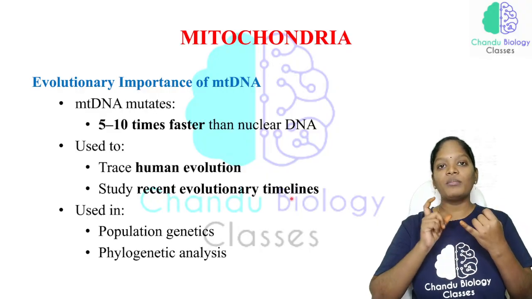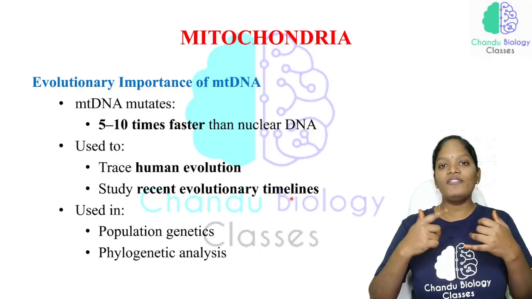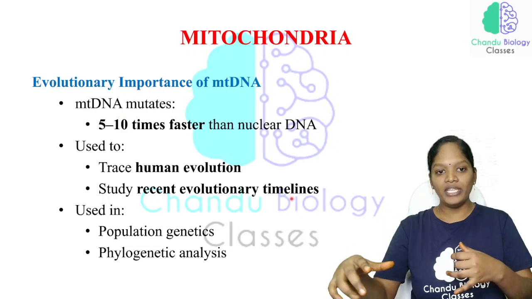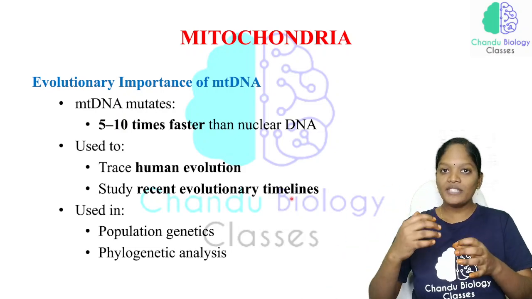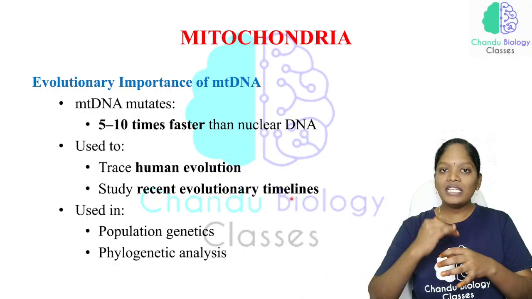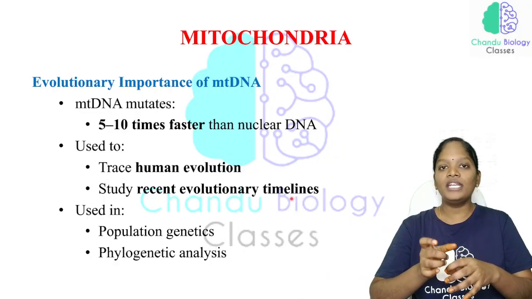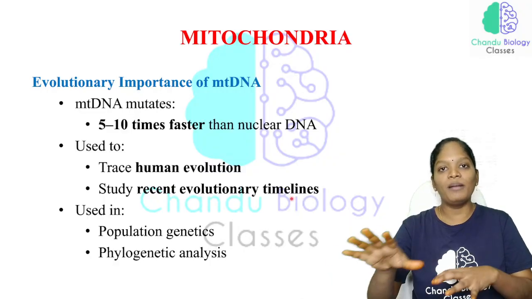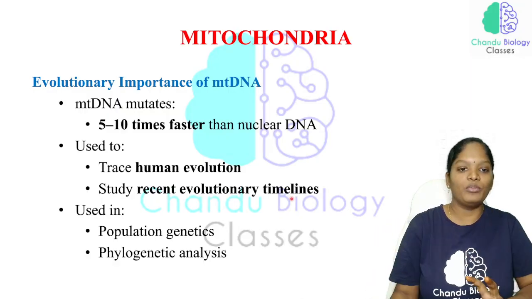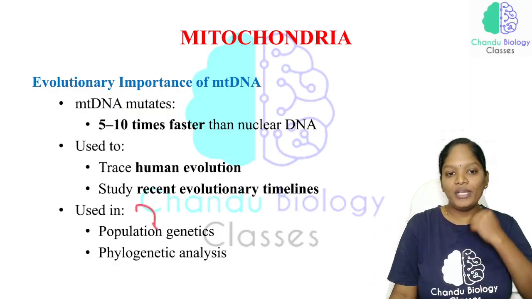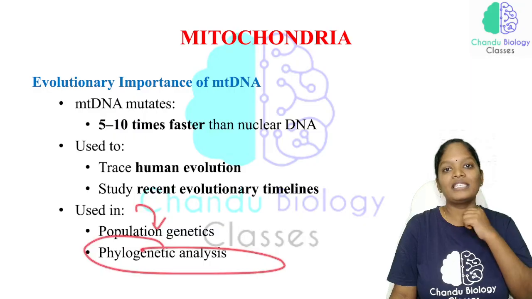We know that mitochondrial DNA mutates faster when compared to the nuclear DNA. As this mutates faster, to study the recent evolution, mitochondrial DNA is very suitable when compared to the nuclear DNA, right? Very important. Now, this is used in population genetics and phylogenetics analysis.